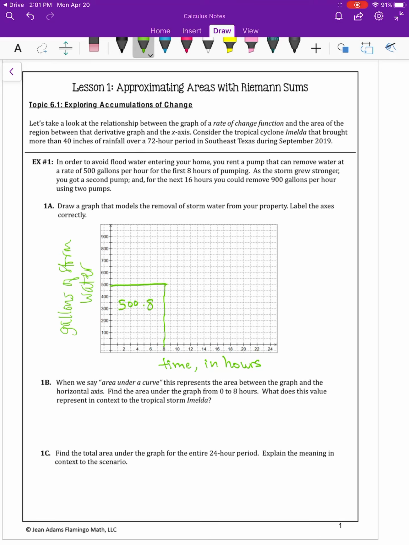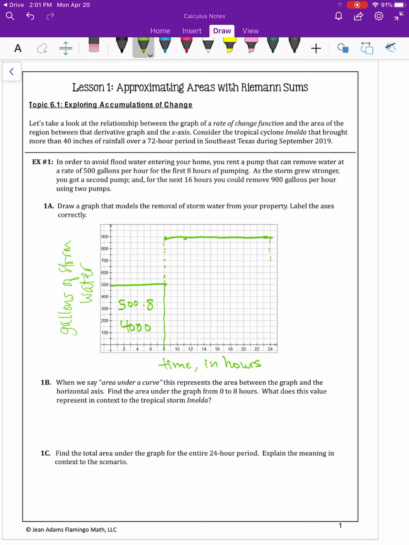And this is going to be our gallons of stormwater. And since 500 times 8 is 4,000, this is going to represent 4,000 gallons of stormwater that is being removed.